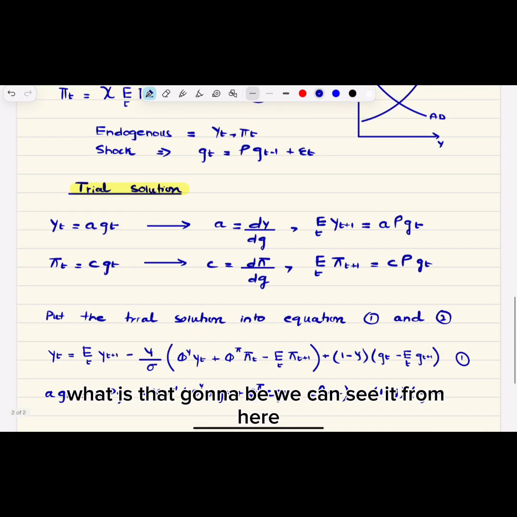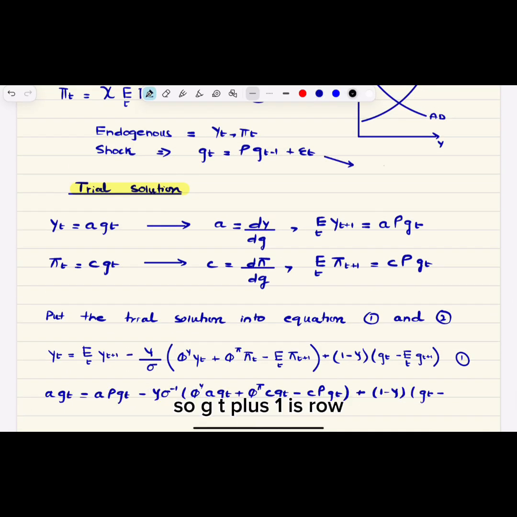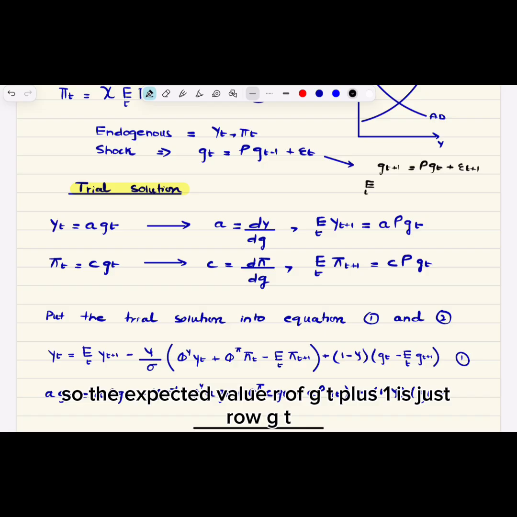What is that going to be? We can see it from here. So GT plus 1 is rho GT plus the expected value, so the expected value of GT plus 1 is just rho GT.